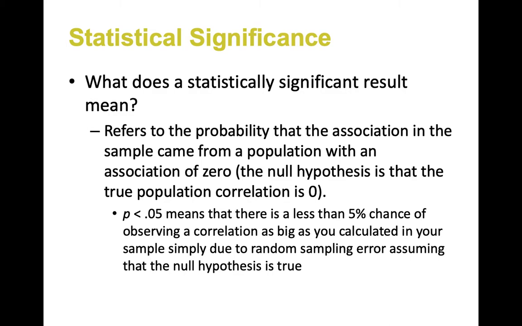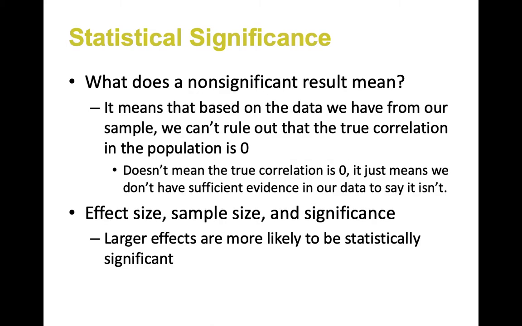So if we observe in our sample that we have a large correlation, that might give us reason to reject the null hypothesis, because we would say that there's a less than 5% chance we could get a large correlation if the true population correlation is zero. Therefore, the true population correlation can't be zero. We expected something different.